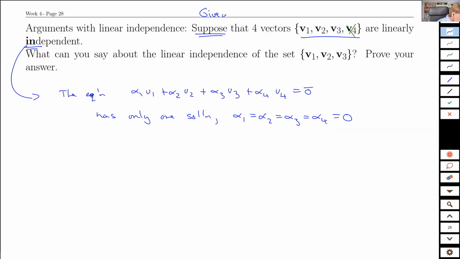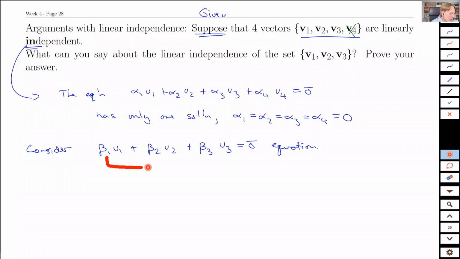So we now consider the equation beta 1 v1 plus beta 2 v2 plus beta 3 v3 equals 0, where I'm calling the coefficients beta because they could be different from alpha.